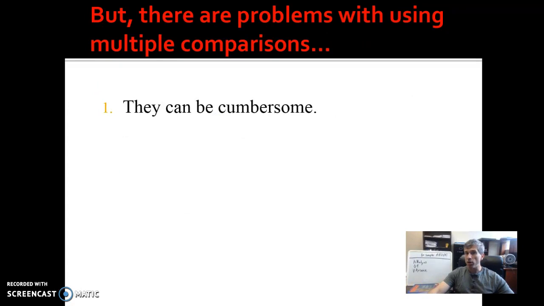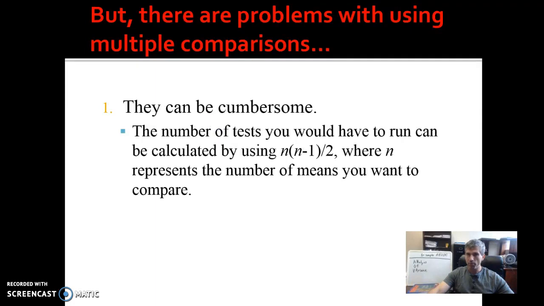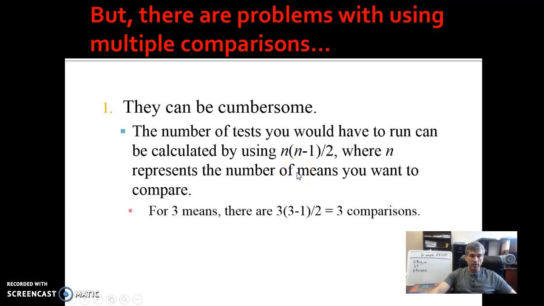First, it's kind of a pain to run, especially if you are doing it by hand like we make you do it in this class most of the time. So the number of tests that you'd need to run, there's a little formula. Don't worry about this formula. It's not something you'll be tested on. You won't even see it on the formula sheet, just for demonstration purposes. But if you plug in the number of means you want to compare, you can get the number of t-tests you'd have to run to make all those comparisons.